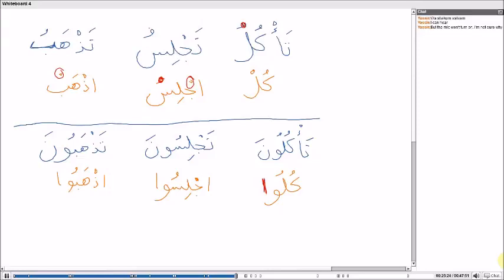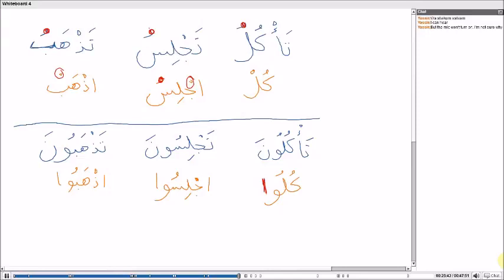La ta'kul, la tajlis, la tadhhab. Right? That's all. We're just going to change the dhamma to a sukoon. Same thing here.